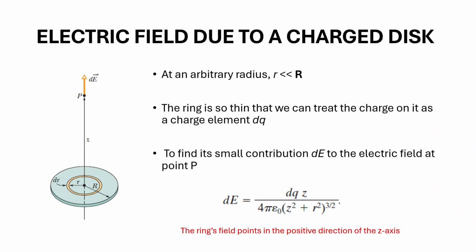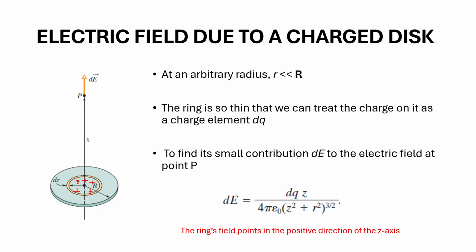We look into the electric field due to the charge disk, when you have an arbitrary radius r smaller than capital R. So you just focus on the electric field at this small r. Assume you just focus on the charge distribution in this small r region. The ring is so thin that we can treat the charge on it as a charge element.